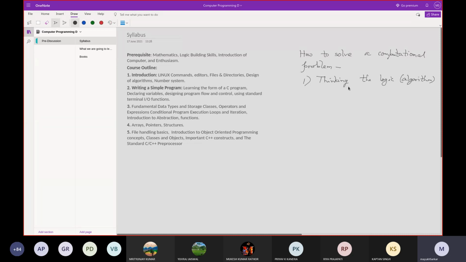First, once you have been given a particular problem, you have to think the logic out: this is the logic that I'm going to employ to solve this particular problem. And then implement the logic using some programming language.